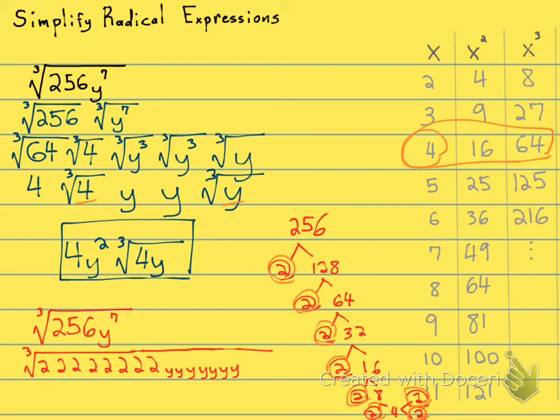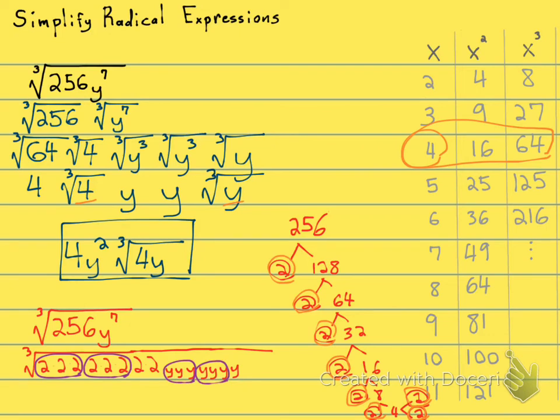Okay, now, because it is a cubed root, I need groups of 3 to take one outside. So I will take 1, 2 outside. I will take another 2 outside. Okay, I don't have 3 here, so that has to stay. I will take 1 y outside, and I will take another y outside.